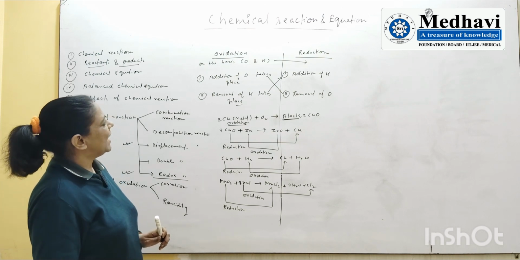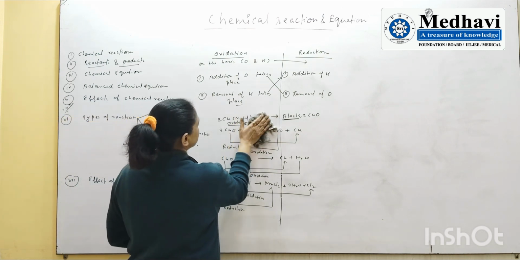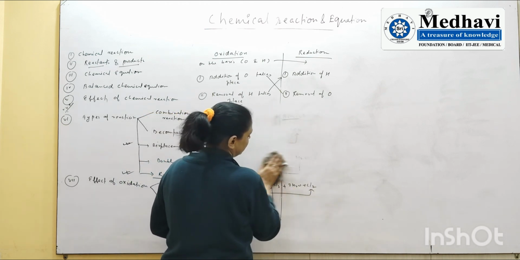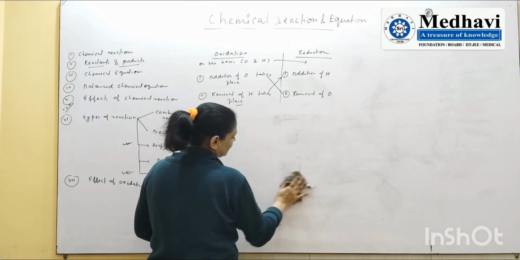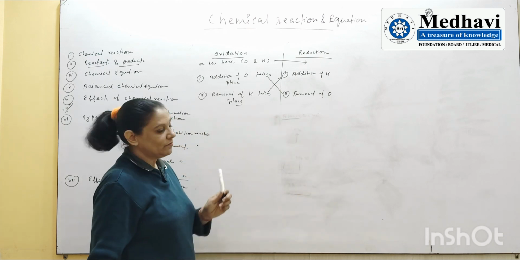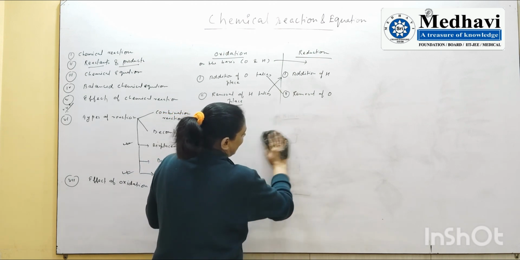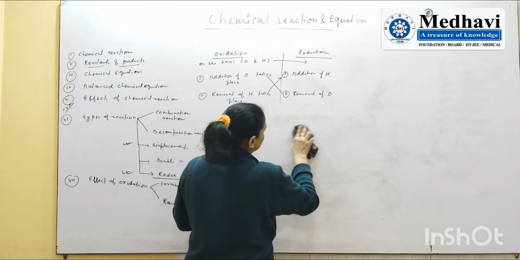One more concept I will explain, that is on the basis of electron loss and gain. Very, very important. Questions may be asked in CBSE, some difficult questions also. So you have to be ready for such type of difficult questions.